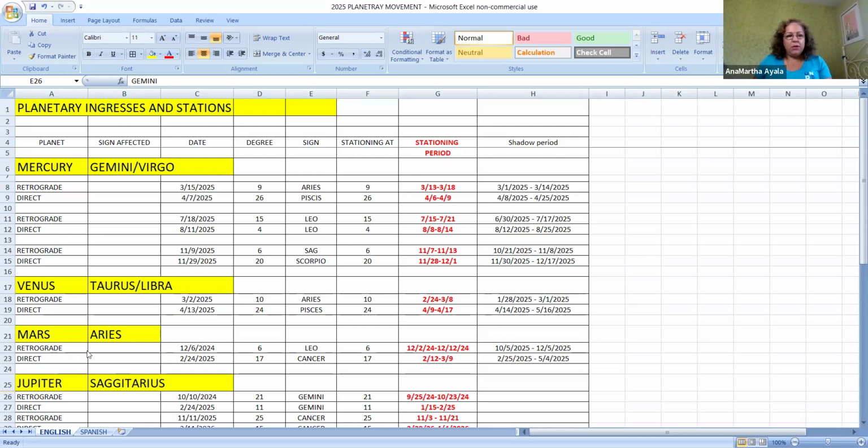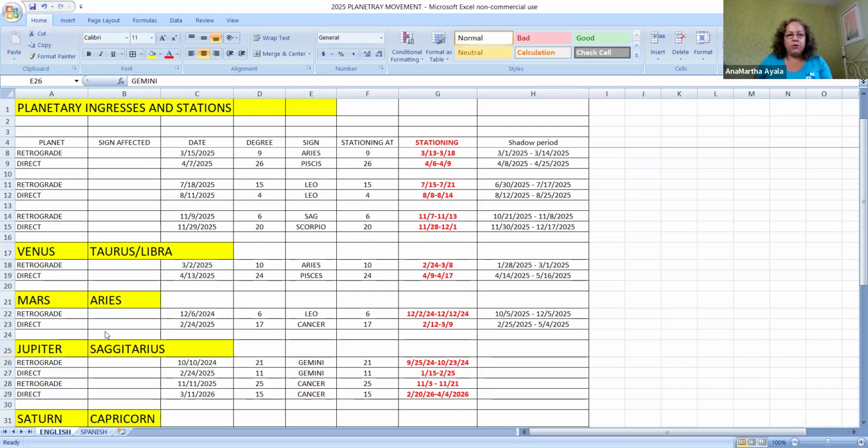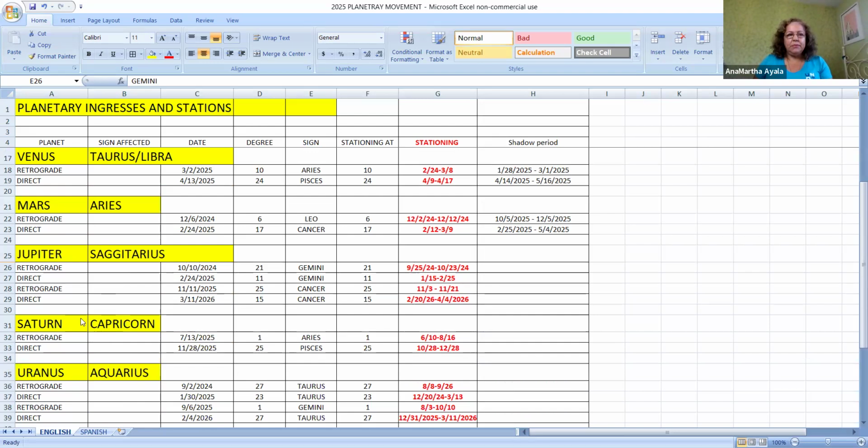Now, when Mars goes retrograde, Mars is the ruler of Aries, according to modern Western astrology. Now, in Hellenistic astrology, Mars is the ruler of Scorpio. But remember that we're talking about modern Western astrology using the degree theory.